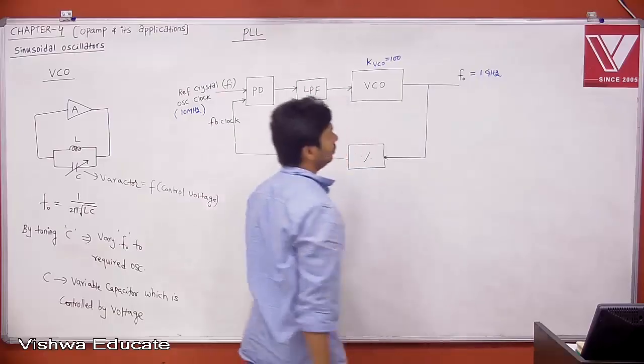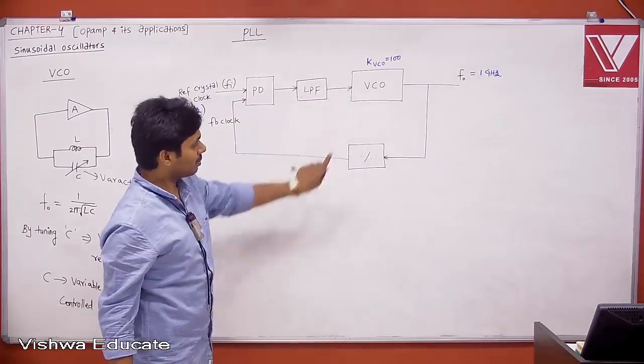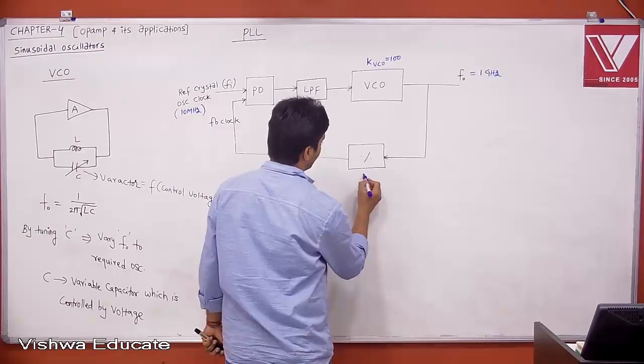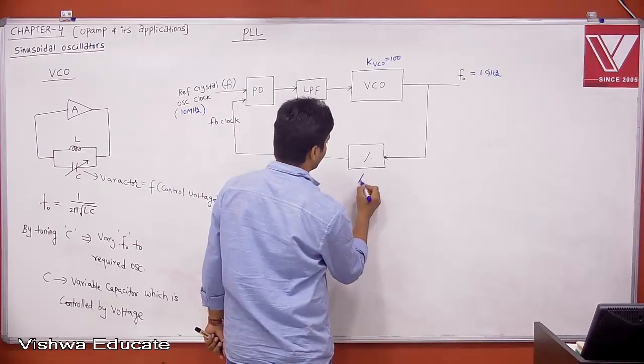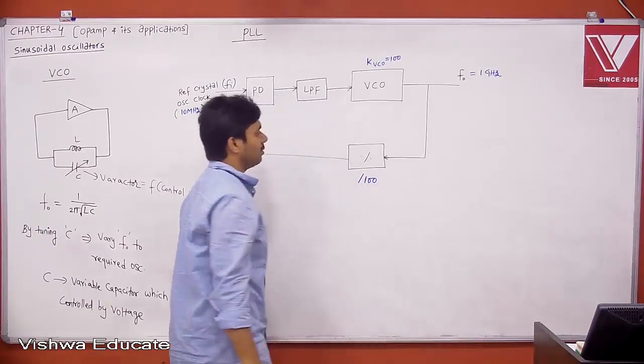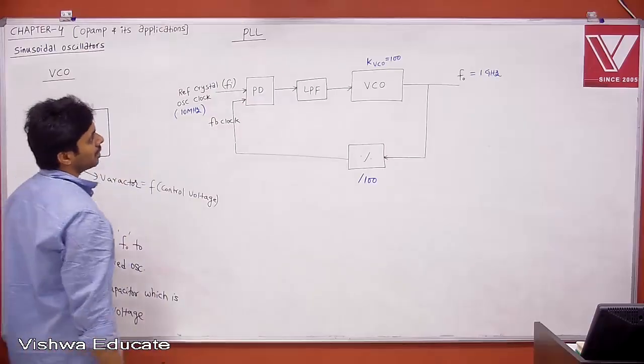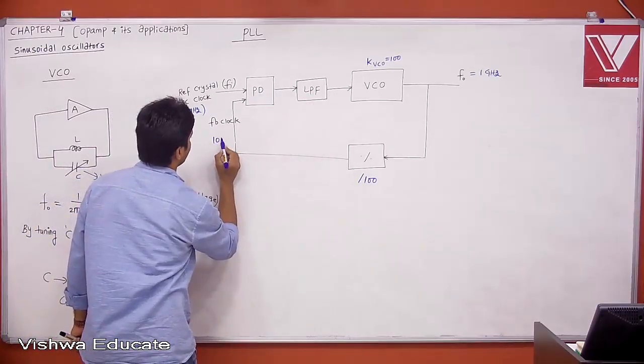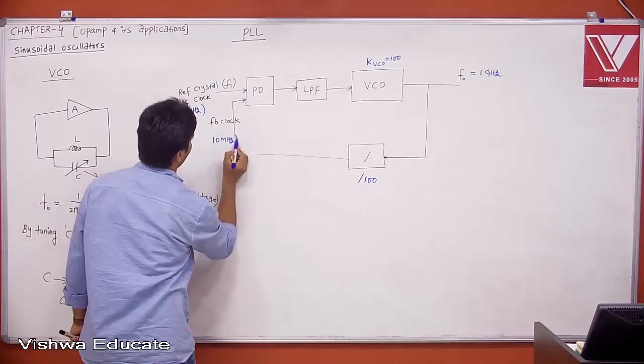And remember, whatever gain you have, that much division you need to have. Therefore, here it is divided by 100. The feedback clock will be divided by 100. Therefore 1 GHz divided by 100 is again 10 MHz. This is your feedback clock, 10 MHz.